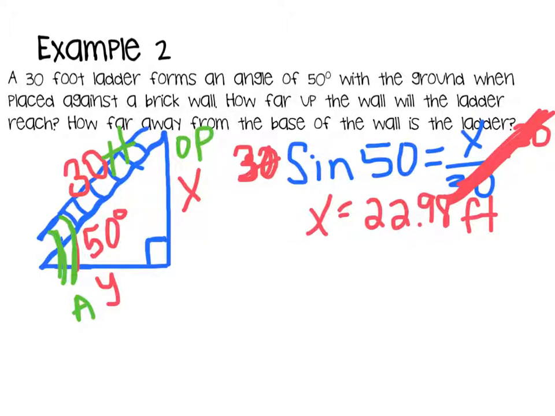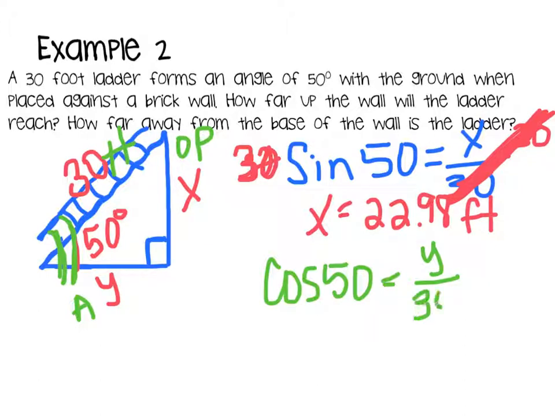But how far away would the ladder be from the wall? If we did that, we're using our hypotenuse and our adjacent. So that's cosine. The cosine of 50 degrees is equal to our adjacent, which is y, over our hypotenuse, which is 30.